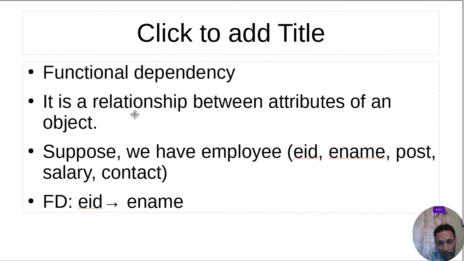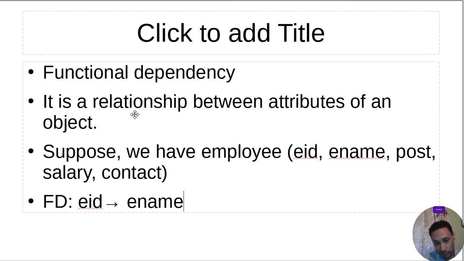Here employee ID is called the determinant and employee name is the dependent. So we can find a relationship between attributes of one single entity. Functional dependency says there is a determinant with the help of which we can know the value of other dependent attributes. In case of normalization, the concept of functional dependency is very necessary to understand.